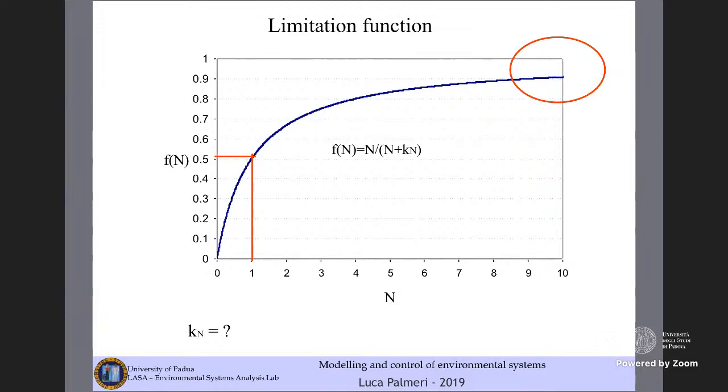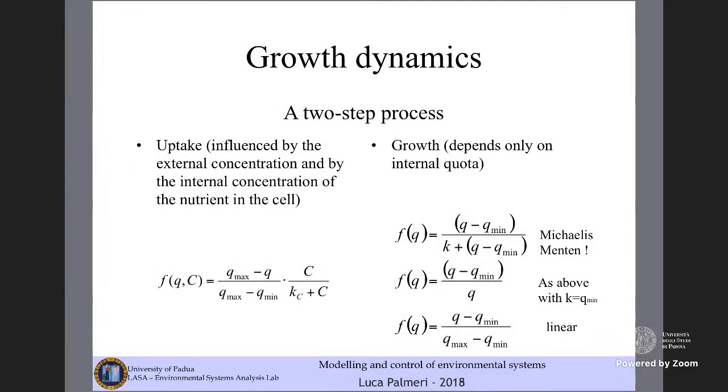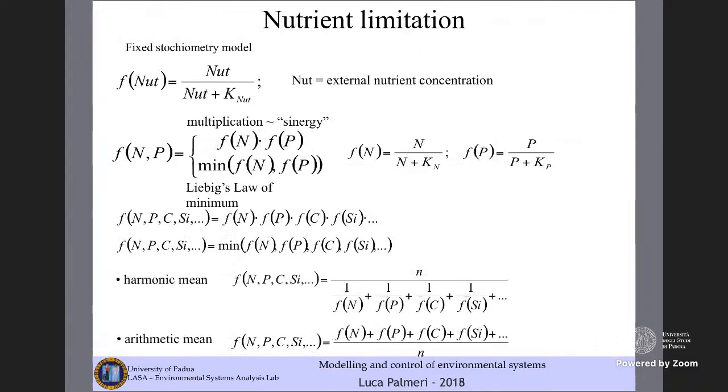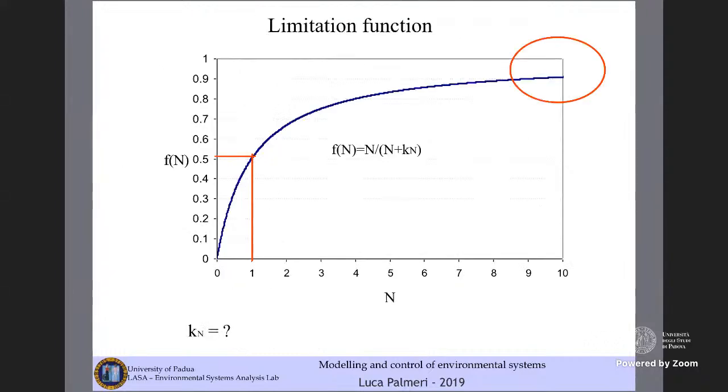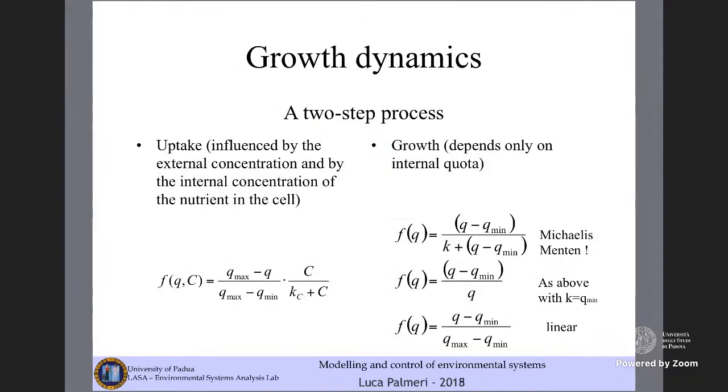We have said that when we calculate the limiting effect due to a nutrient, we typically employ the external nutrient concentration. External to what? External to the cell. So we are including the concentration of nutrient in the water column, essentially the water environment. But there are some cases in which you also need to include the concentration of nutrients inside the cell.